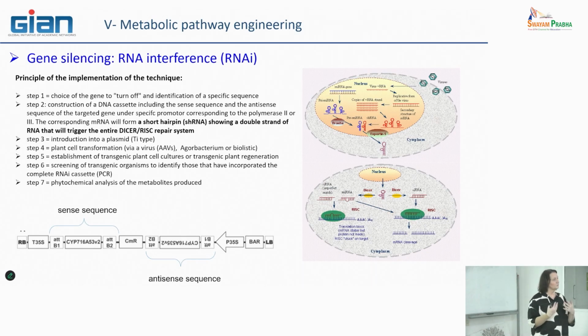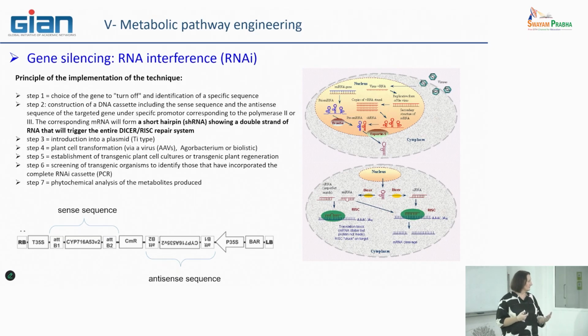So it was a useful tool to study, for example, the functionality of one particular enzyme that has just been discovered, when you want to see in which pathway this enzyme could be involved. So you can generate specific transgenic plants including this type of construction.